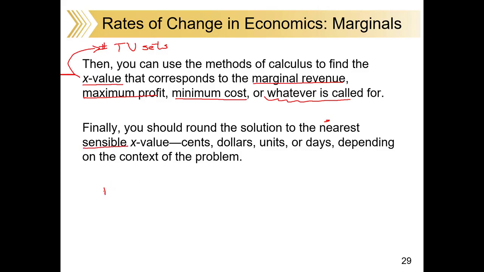You don't write, for example, suppose you're trying to find the perfect price to maximize your profit. You and I both know you can't sell something for $1.89, 4, 3, 2, 3. You can't sell something for that. So round to the nearest thing that makes sense. It might be cents, dollars, some kind of units, days. It depends on what the actual context of the problem is.